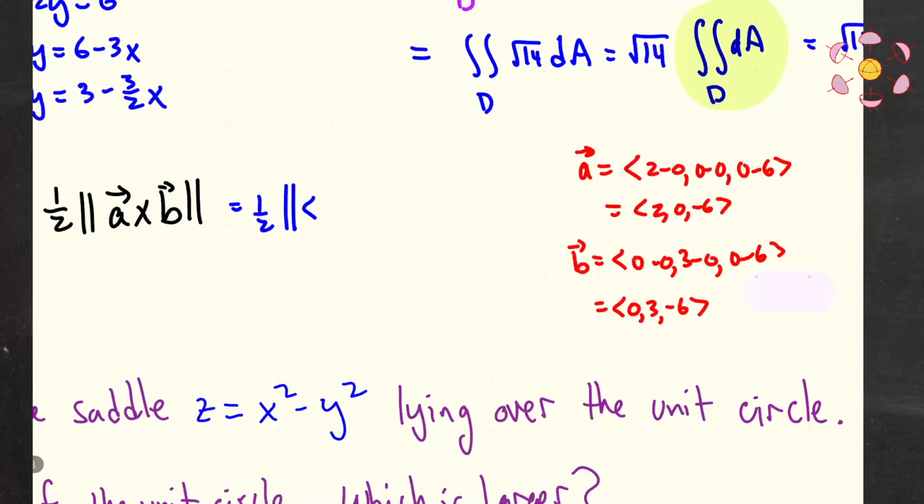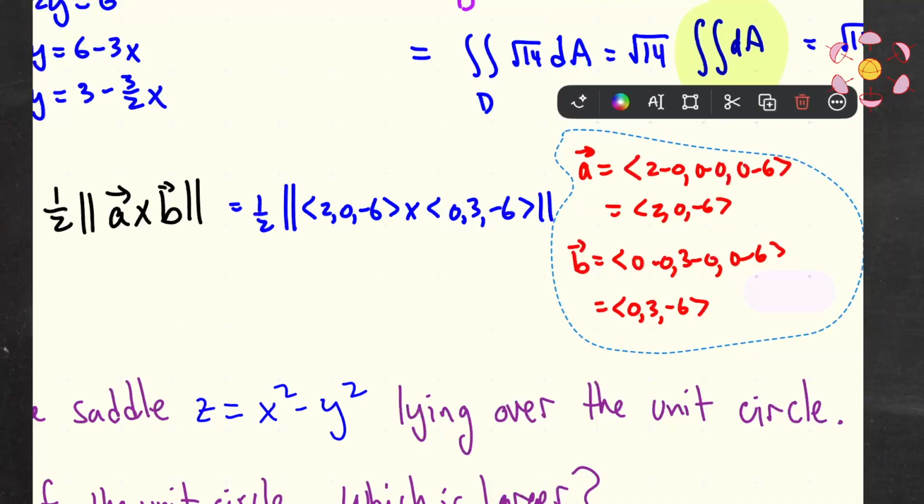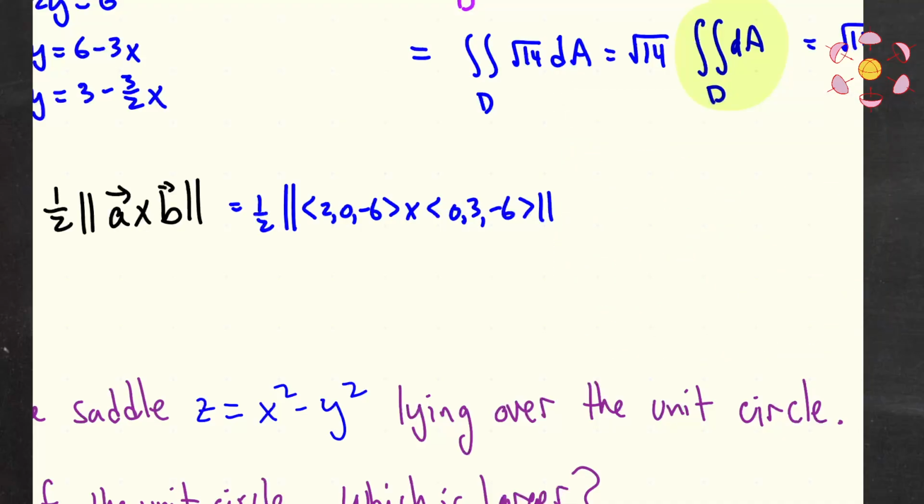So let me grab them so I can look at them here. So A is 2, 0, negative 6 cross B, 0, 3, negative 6. Okay, so let's do a little ijk. It's been a while since we've done a determinant, but let's not forget our determinant muscles over here.